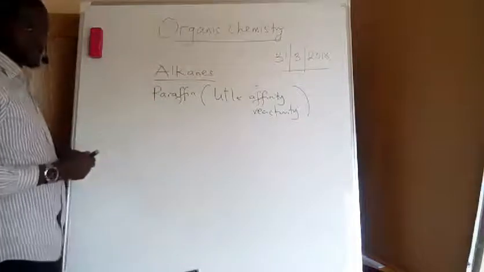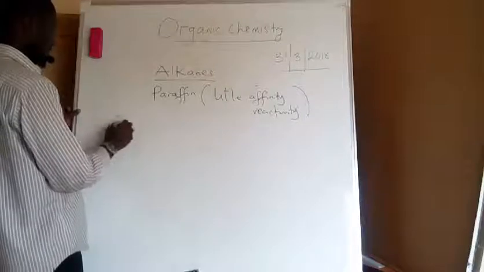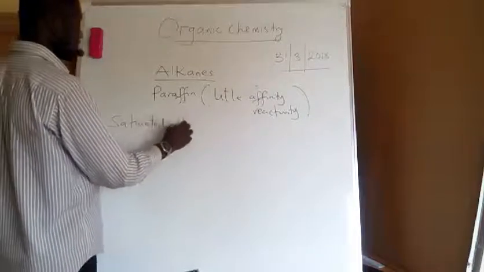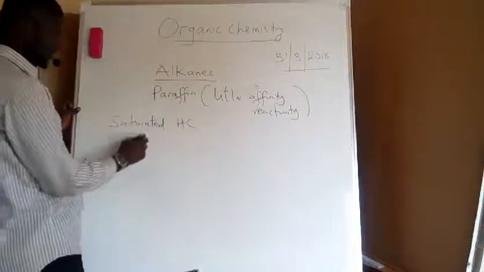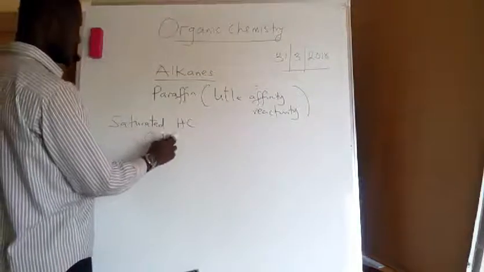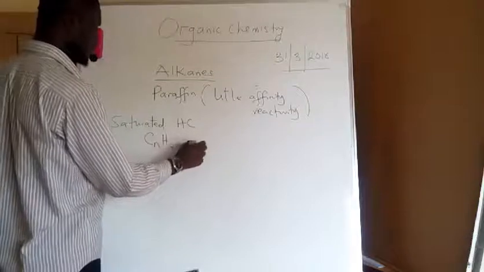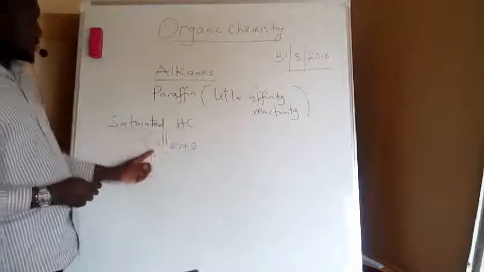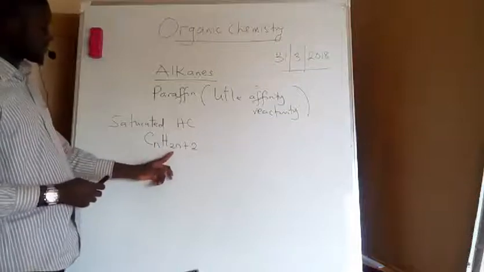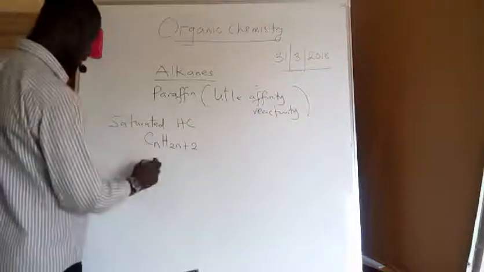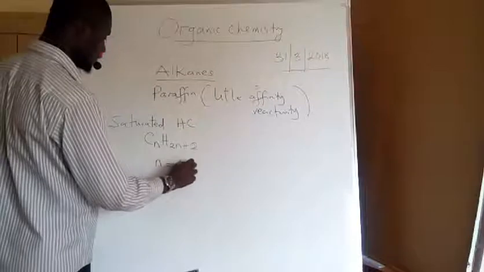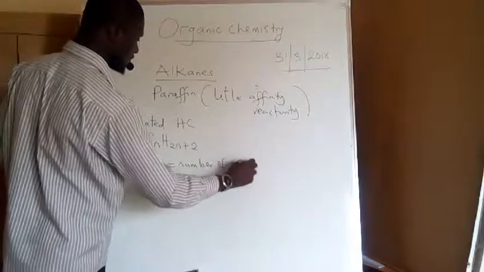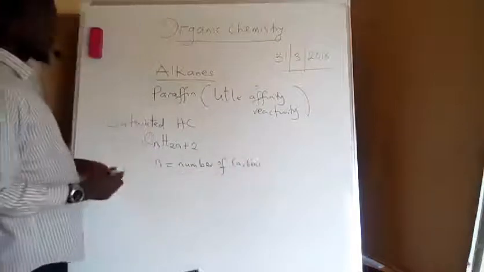Now when we say alkanes, alkanes are saturated hydrocarbons with the general molecular formula CnH2n+2, where this n represents the number of carbons.